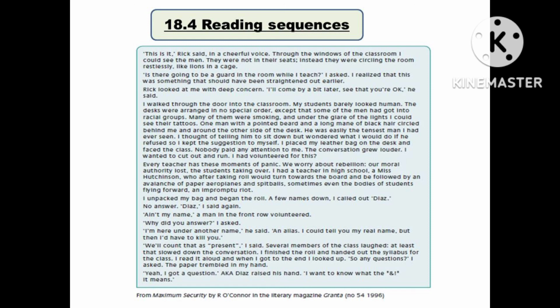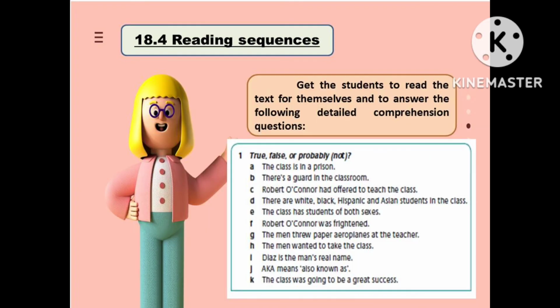Then after reading the passage, get the students to read the text for themselves and to answer the following detailed comprehension questions. So there are questions after reading the text. This is a true, false, or probably not. So they will answer if this is true or false or probably.